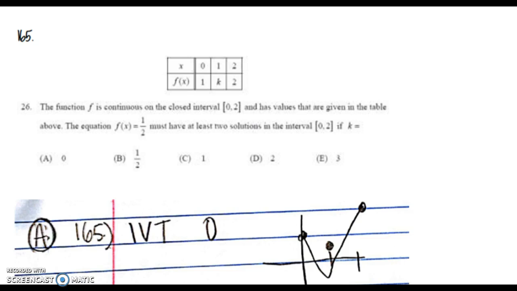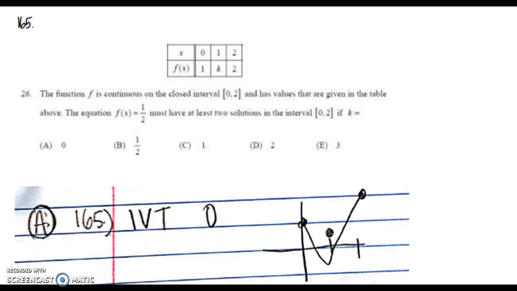This is the intermediate value theorem. So the idea is a function will take on any value. So this is my A. This is my B. It's going to take on every value between here. I'm not drawing it right, sorry.